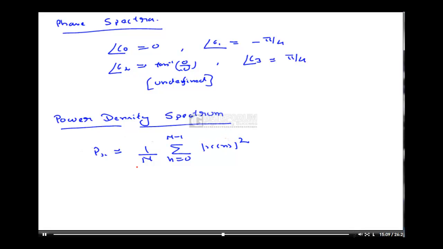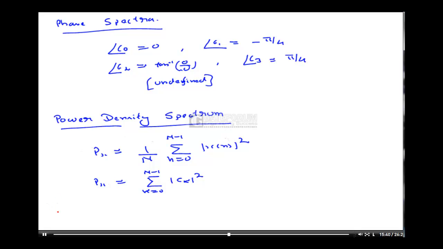In terms of Ck, I can write the power spectrum as Px is equal to summation k equal to 0 to N minus 1 mod Ck square.